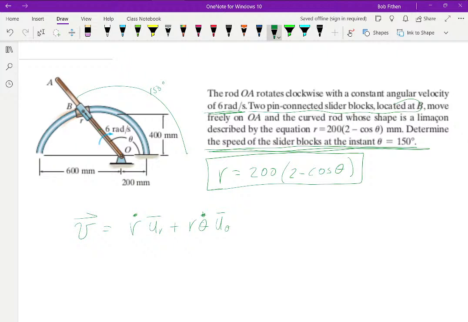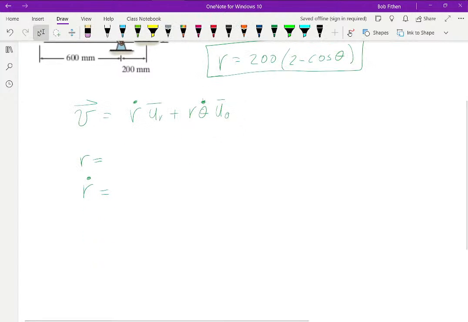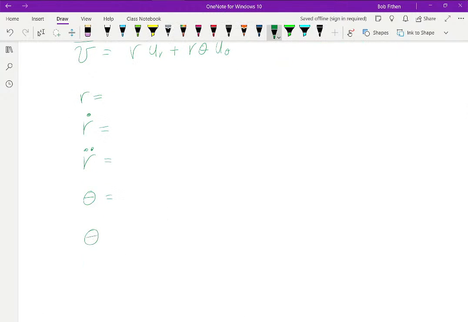So really, all I need to know are r dot, r double dot, theta dot, and theta double dot. In this set of equations, I really don't need theta except to know its location, 150 degrees.